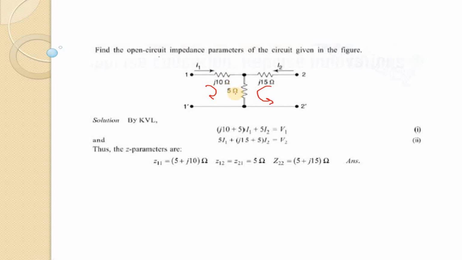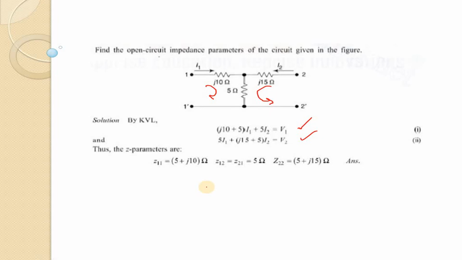Applying KVL, we are getting (j10 plus 5) I1 plus 5 I2 equals V1, and in this loop, applying KVL, we are getting (j15 plus 5) I2 plus 5 I1 equals V2. These two equations we are getting, and we have compared them with the normal equations of Z parameters like V1 equals Z11 I1 plus Z12 I2.